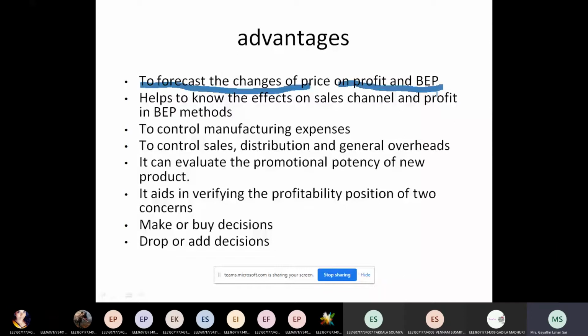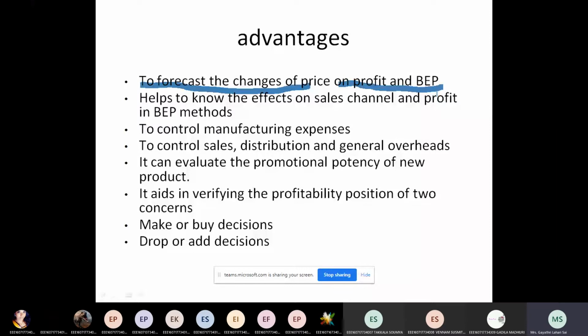The second one is that it helps to know the effect on the sales channel and profit at the BEP. This helps you know the effect of the sales channel and the profit through these break even point methods. The third one is to control the manufacturing expenses.